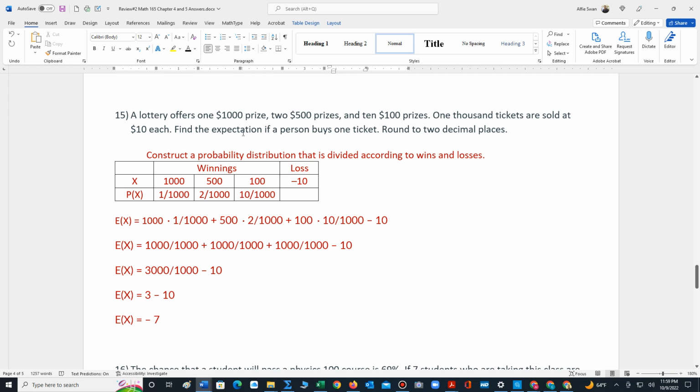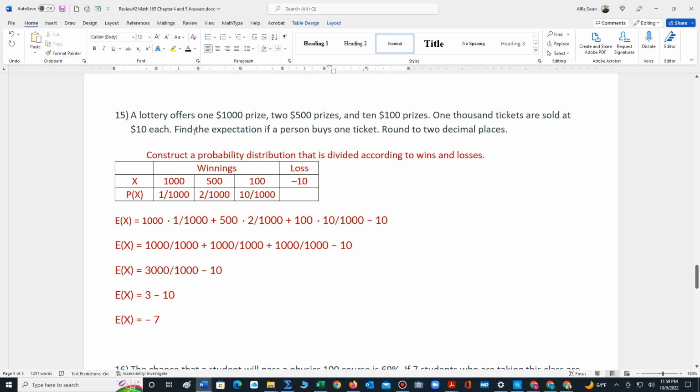Find the expectation if a person buys one ticket, round to 2 decimals. So we construct the probability distribution. We have winnings and loss. The person loses $10, so we'll put negative 10. They could win 1,000, 500, 100.